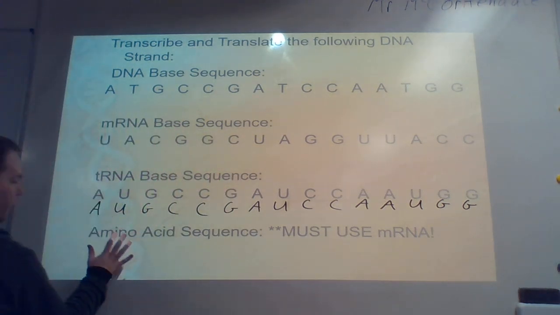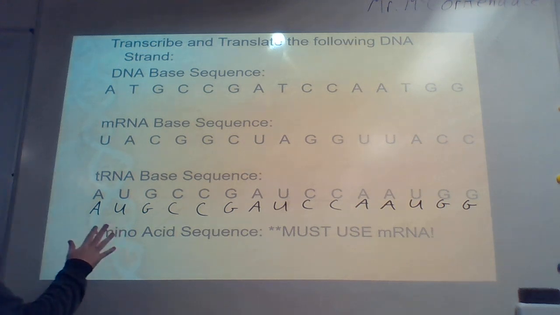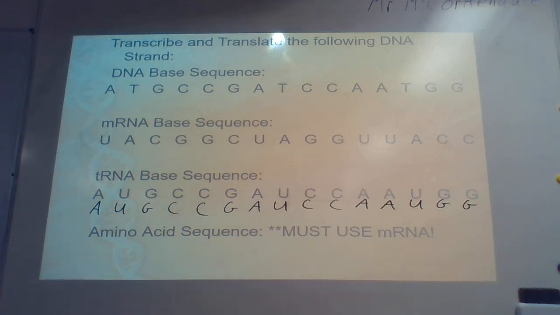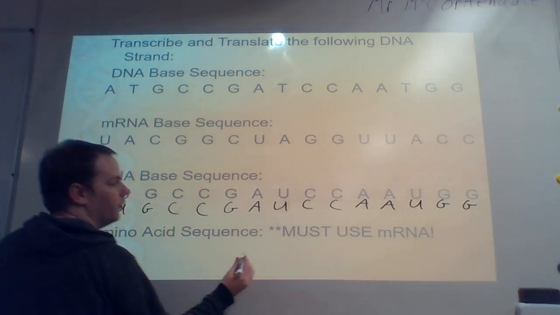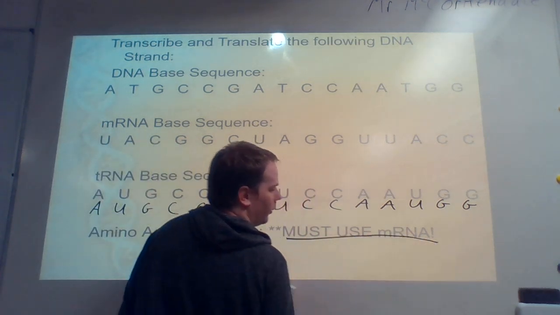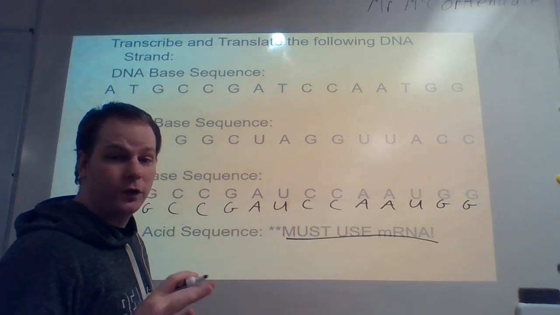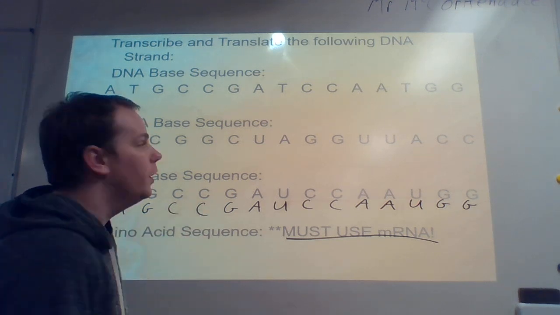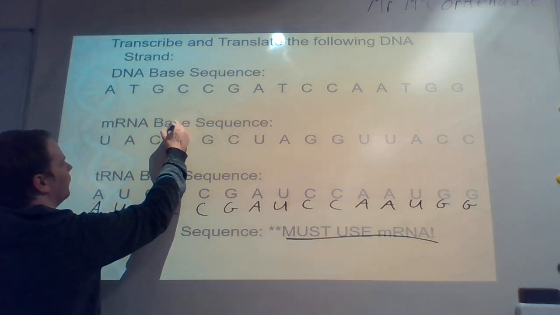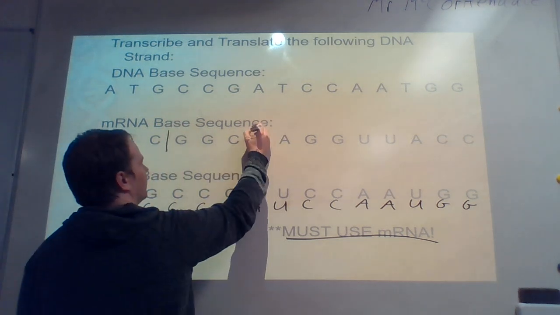Now, from here we go to the amino acid sequence. For this, we have to look at our codon chart. So if we switch to that real quick, actually, first, let's break this up into our codons. This is very important. Your codon chart uses codons, not anticodons. So we need to use these sequences.